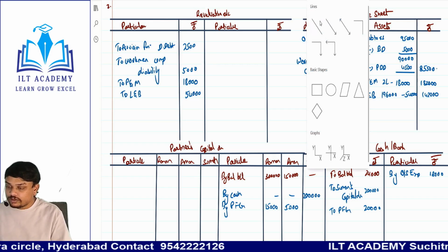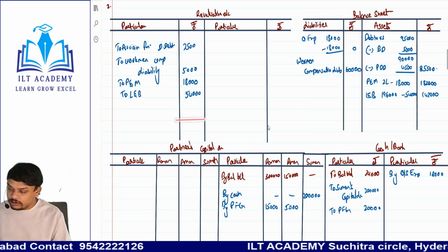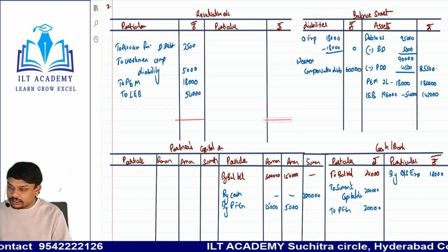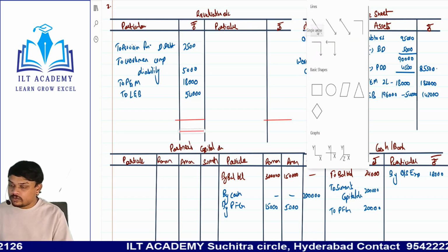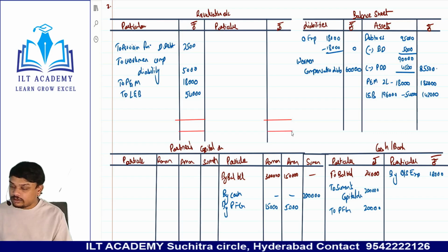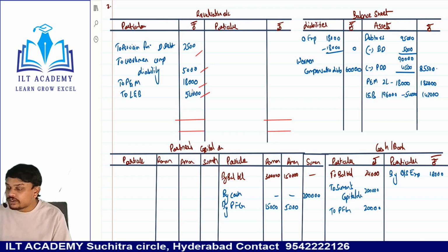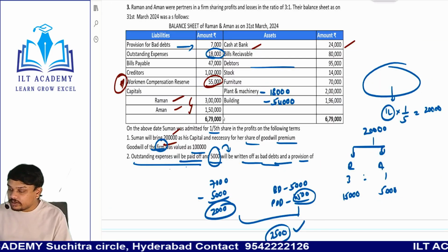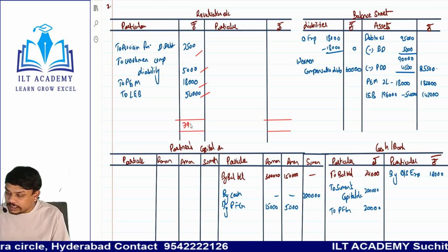If we do the totaling part, I see the losses are 2,500, 5,000, 18,000, 54,000. 54 plus 18 is 72,000, plus 5,000 is 77,000, plus 2,500 is 79,500.